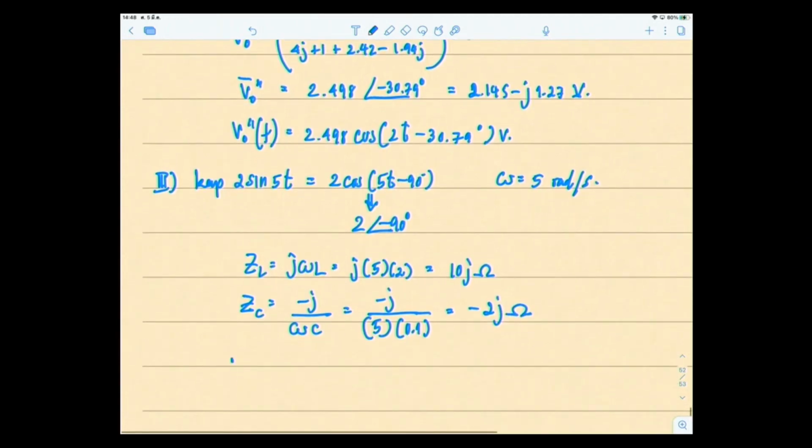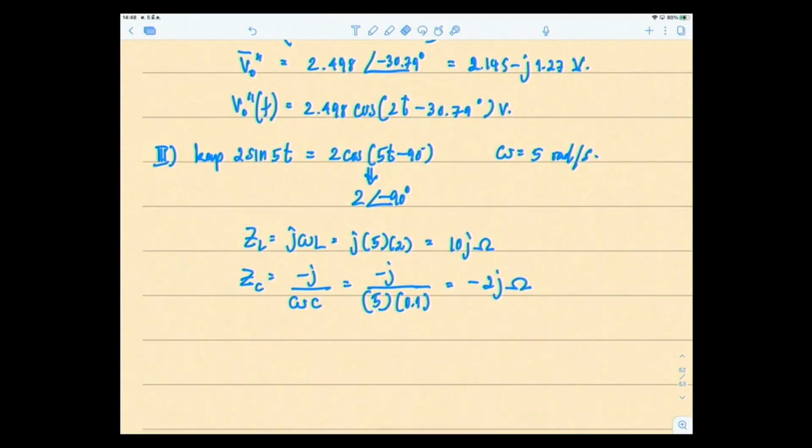So when we draw our circuit in this case, you short the voltage source. Your inductor becomes 10j ohms. You keep your current source, which is 2 angle minus 90 degrees amps.